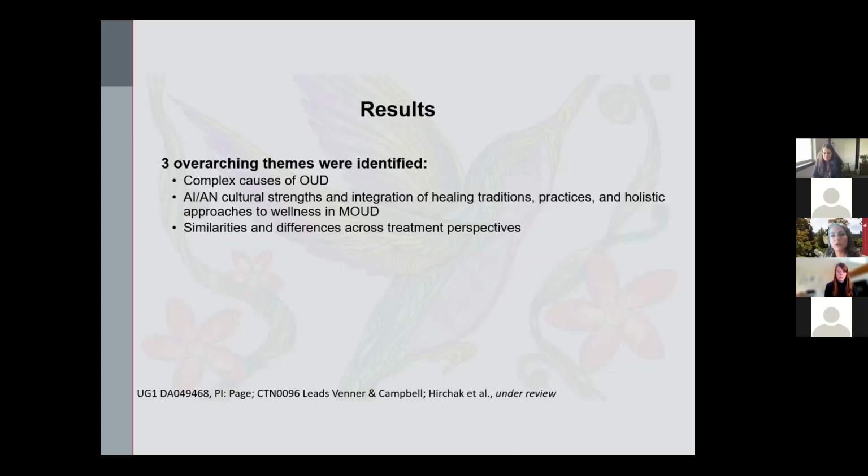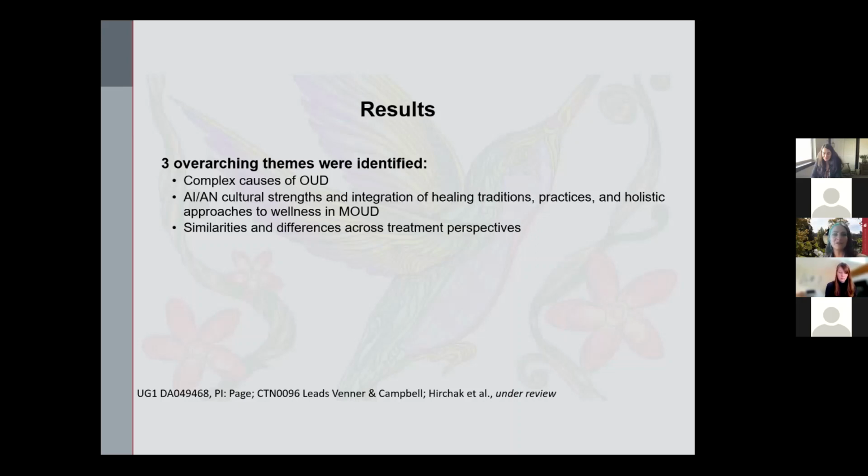So the collaborative board highlighted how when we're centering MOUD, we're really going to want to consider factors related to mental health and the healthcare system itself, how overprescribing really impacted the epidemic in Native communities, how individual level factors like stress, depression, and low self-esteem might impact, history of childhood trauma or intergenerational trauma, lack of social support, stereotypes, stigma. So they just had a lot of great ideas.